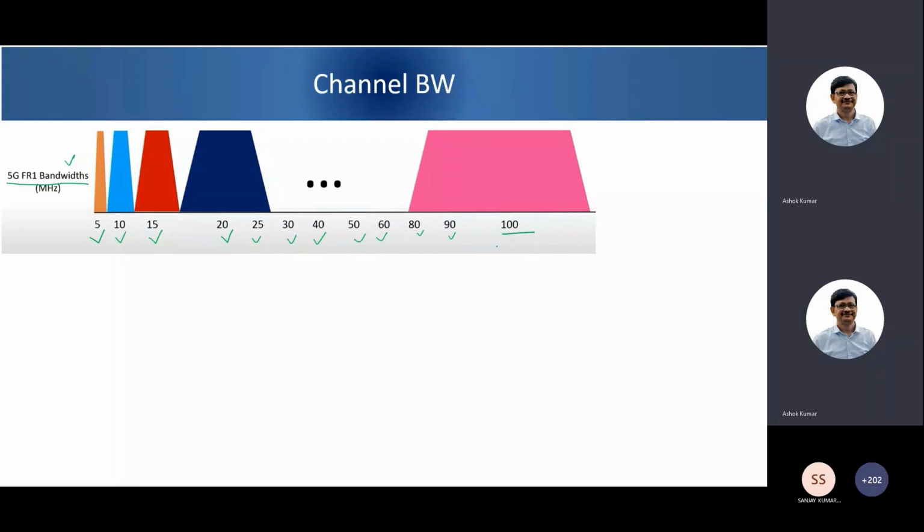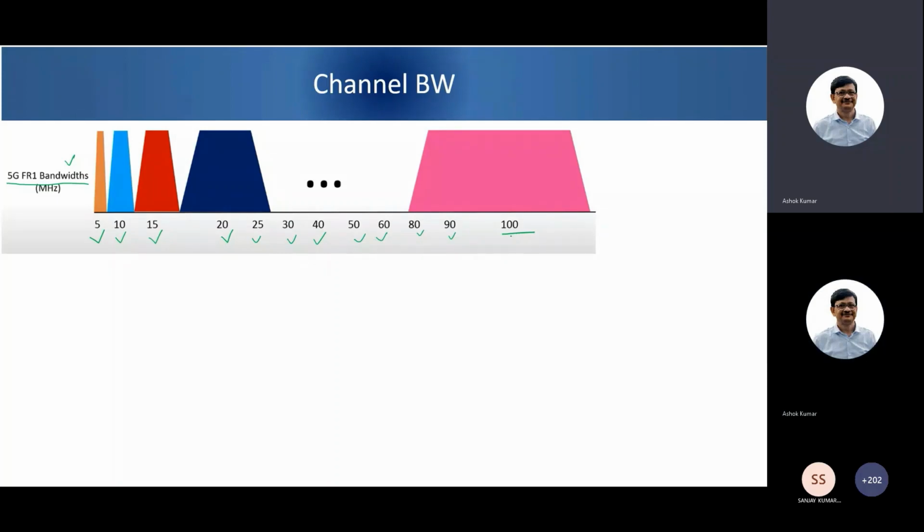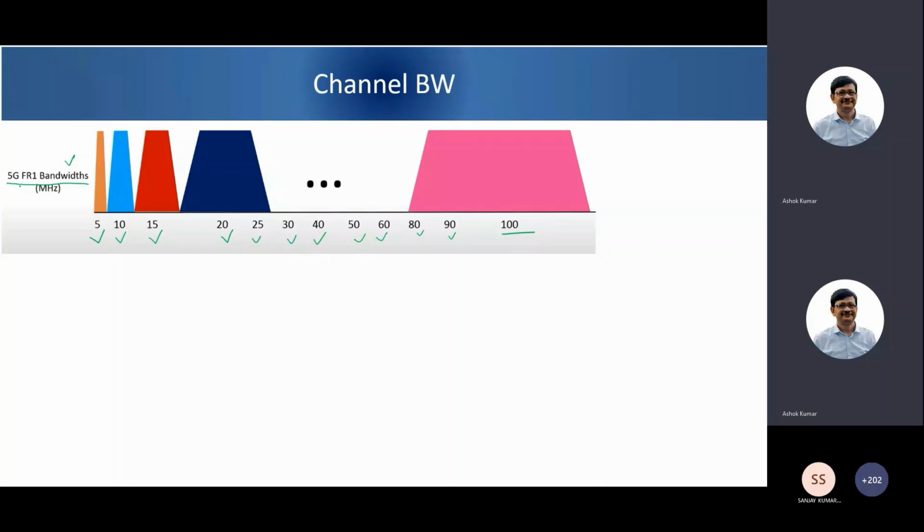So just see that 5G supports up to maximum of 100 megahertz channel bandwidth in FR1 range.